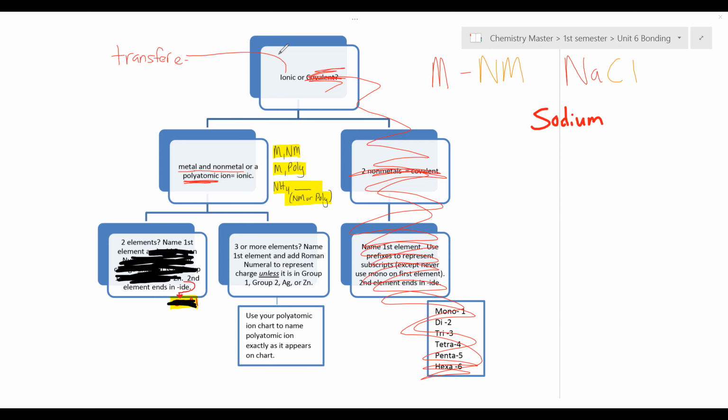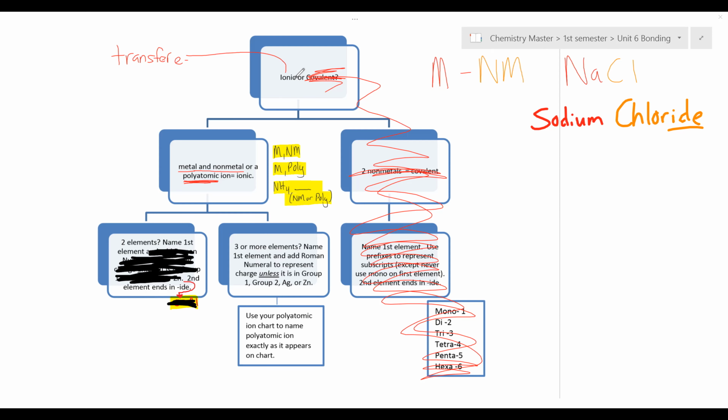It's chlorine, but we're going to change the ending to IDE. So instead of chlorine, we're going to say chloride. That is the name of this compound. Sodium chloride. Seems pretty easy, right?